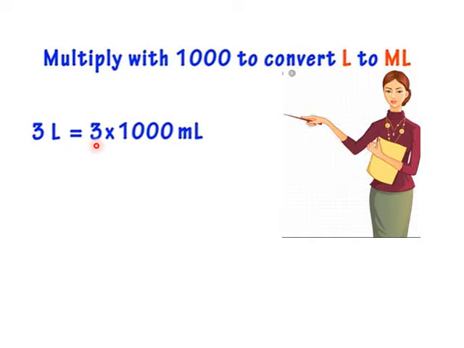I write the 3 as it is and I add to it the 3 zeros of the thousand. This is the number 3000. Can you read this number? Yes, 3000. So 3 liters are equal to 3000 milliliters.